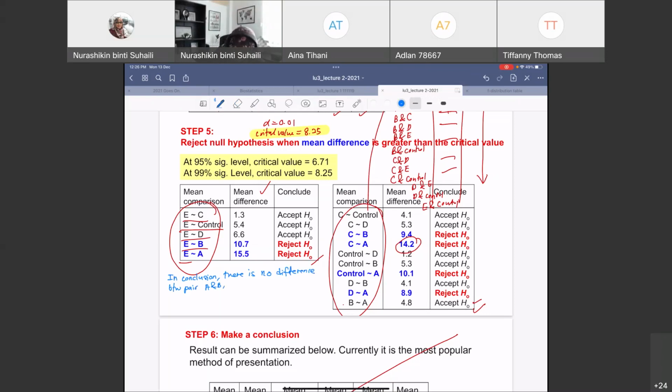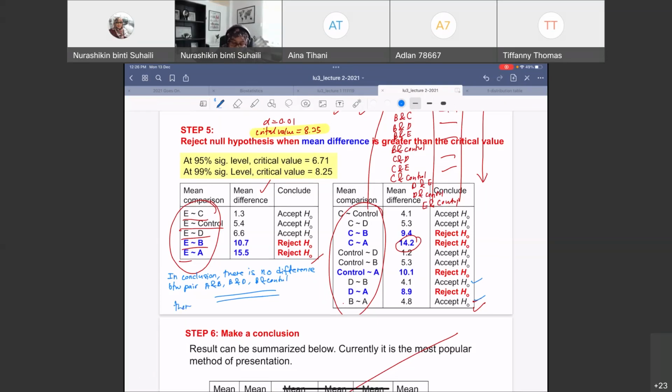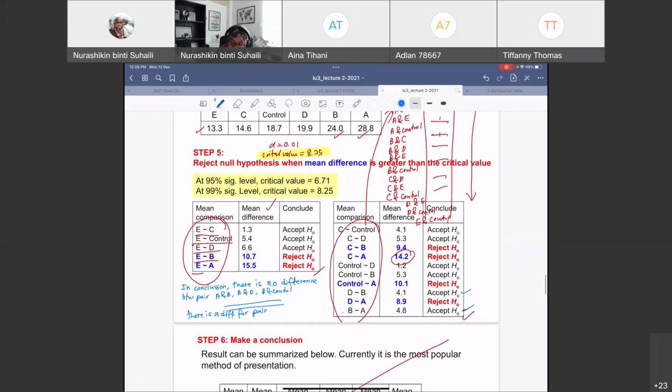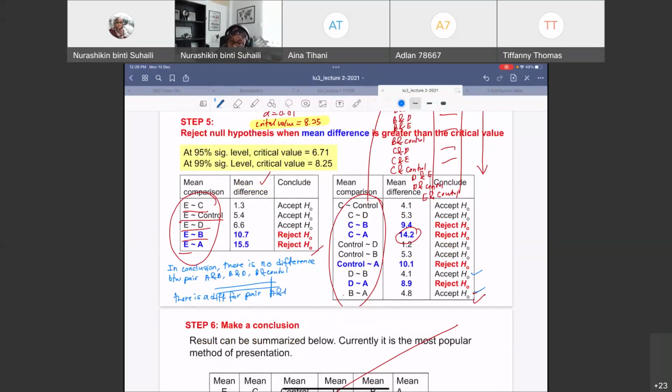B and D. B and control. So list down all the pairs that have no difference, and those that have a difference. There is a difference for pair, for example, A and D, A and control. Those that reject the null.